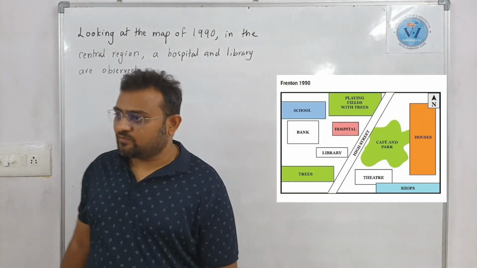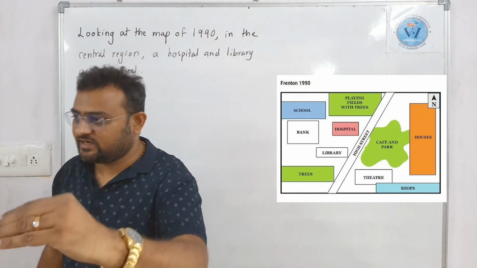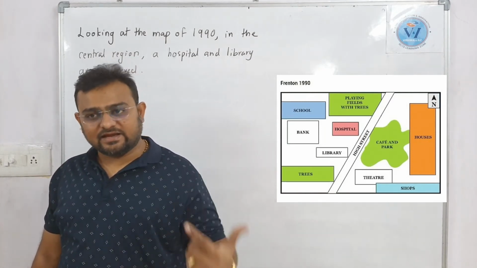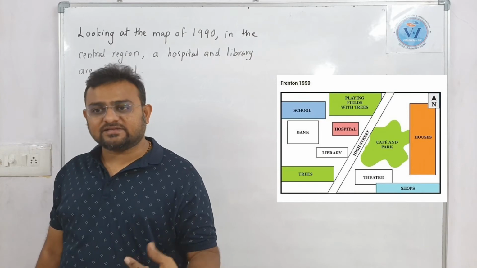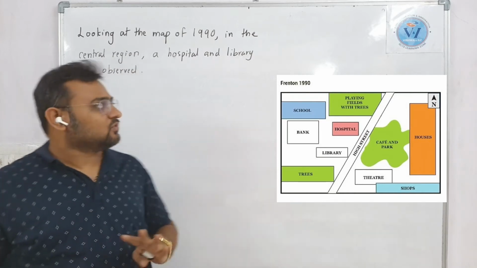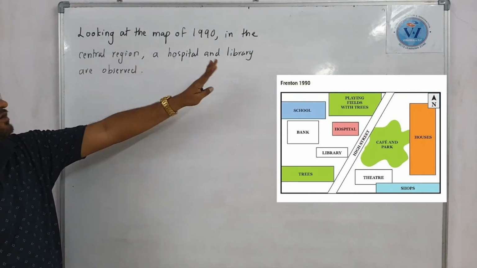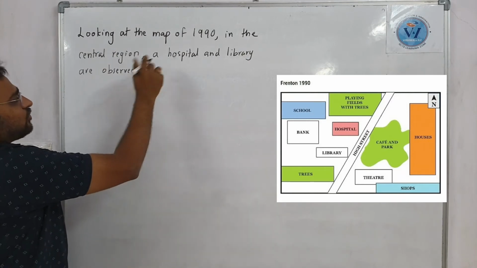Okay, are observed because you can now see it. Even though it's 1990, we say it is seen in the map. Okay, in the central region of the map, a hospital and library are observed.